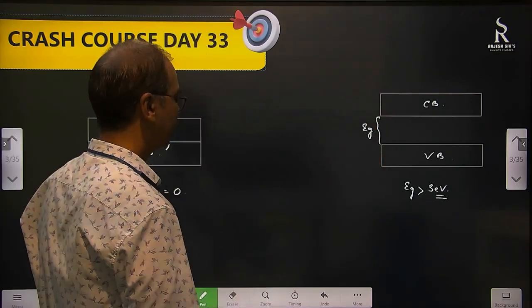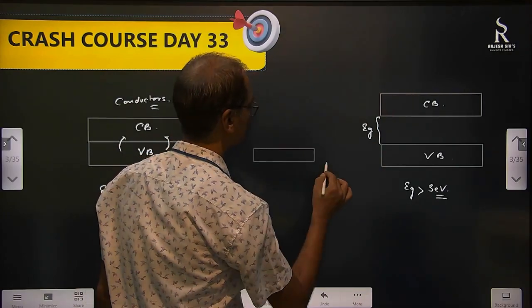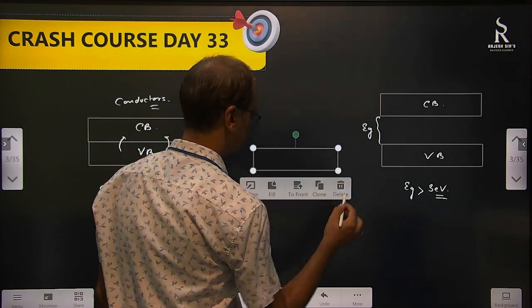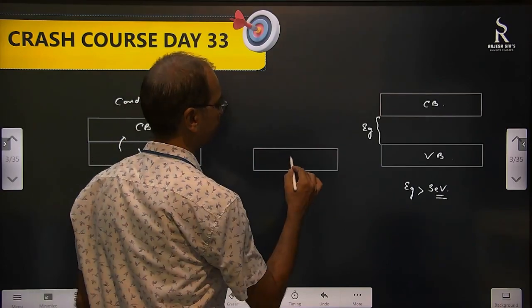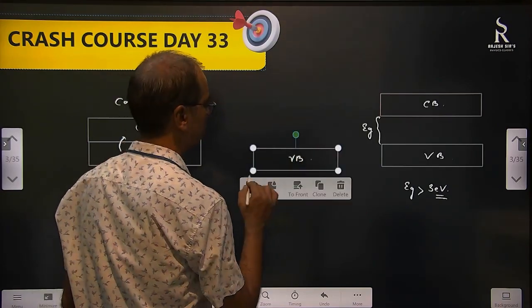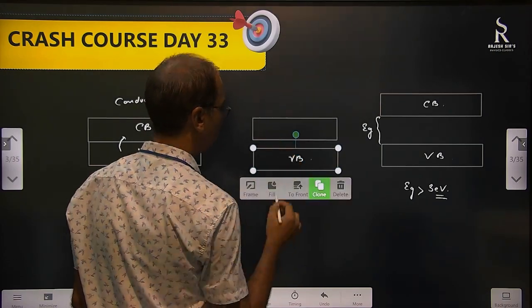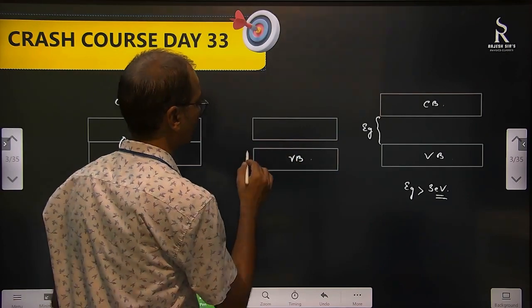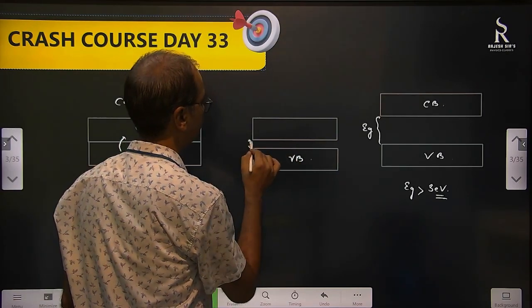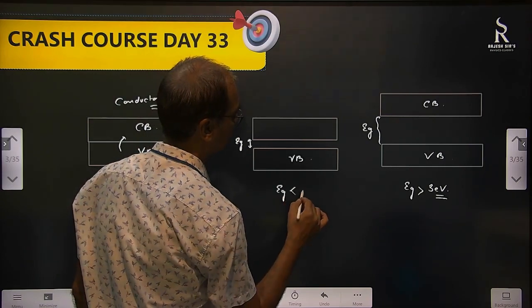Whereas a semiconductor lies in between. This is the valence band, and then this is the conduction band. The gap is small. This is the energy gap, and we say that this energy gap is less than 3 electron volts.